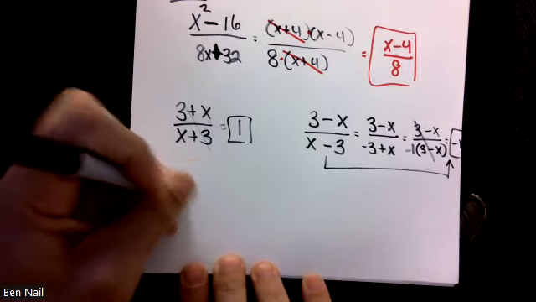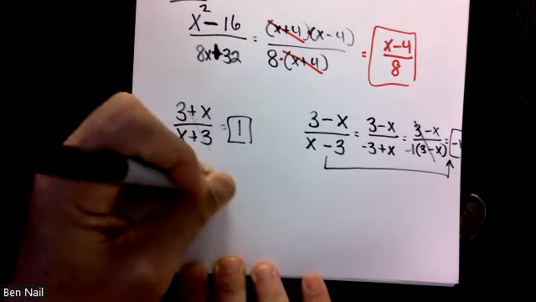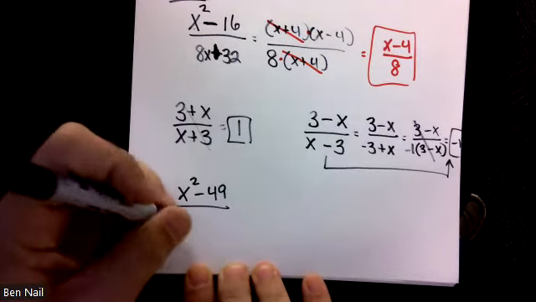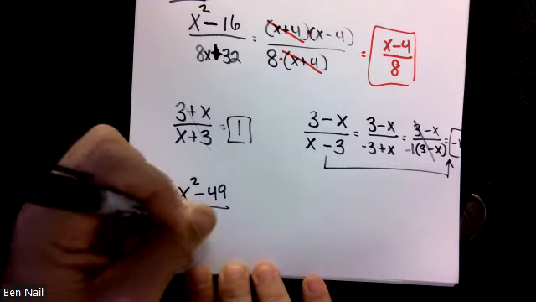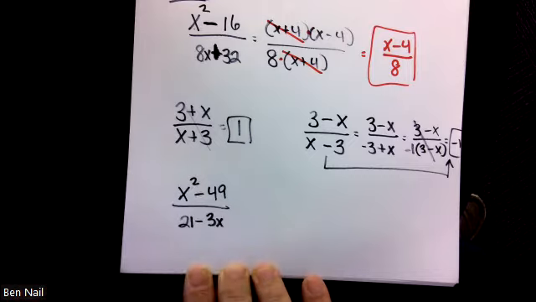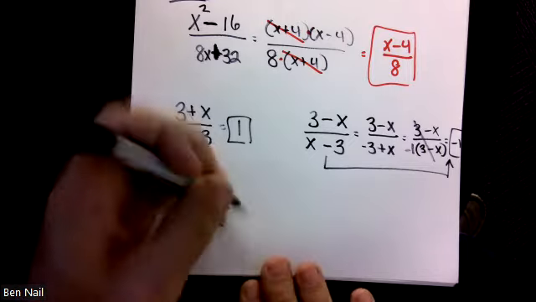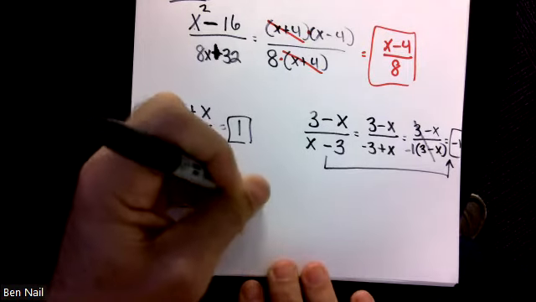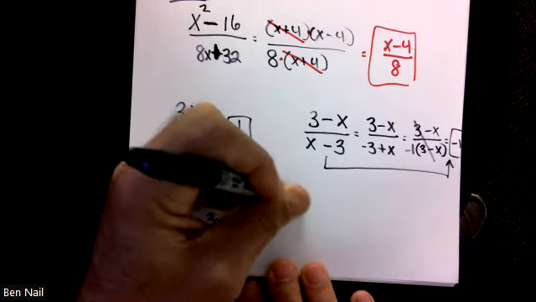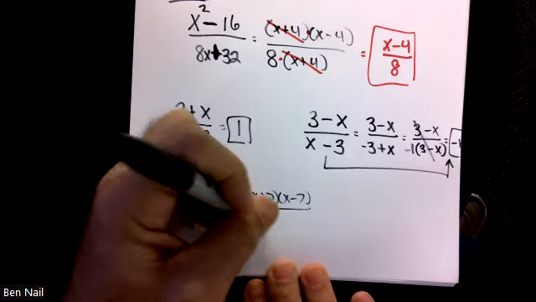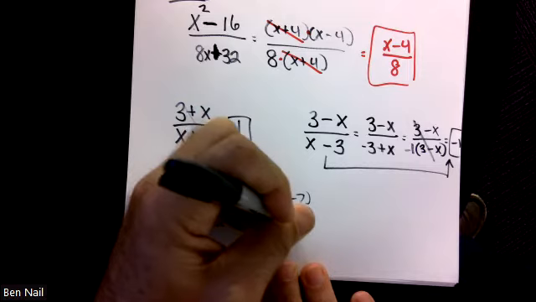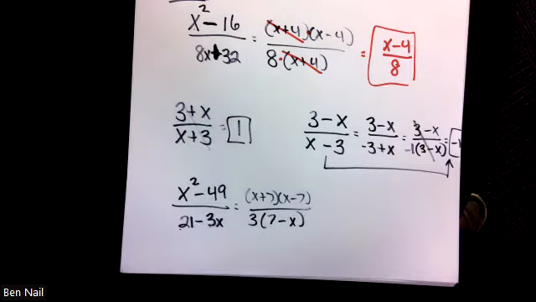So if they did something like x squared minus 49 over 21 minus 3x. Again, this factors into x plus 7 and x minus 7. Here we can factor out a 3, and that leaves us with 7 minus x.